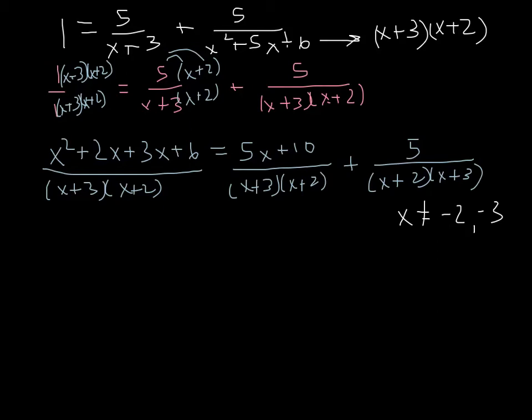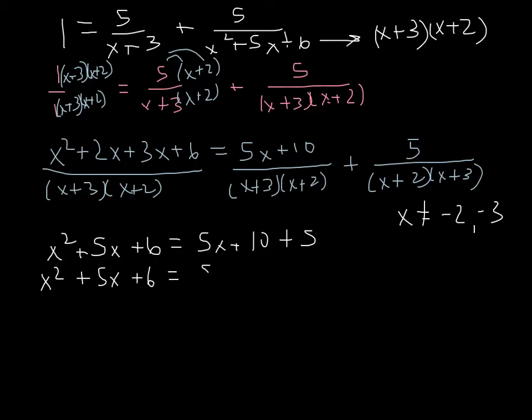So let's get to work with the numerators. X squared plus 5x plus 6 equals 5x plus 10 plus 5. Getting all the like terms together, x squared plus 5x plus 6 equals 5x plus 15.